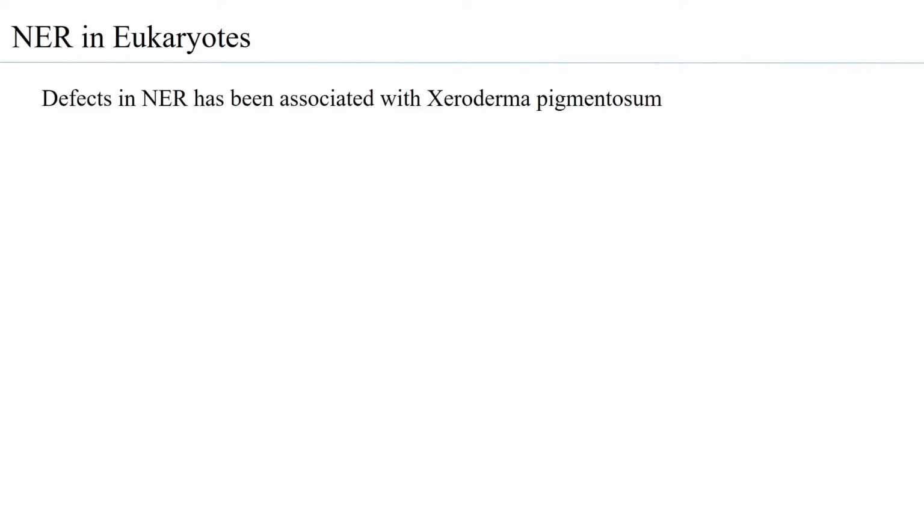So, a glimpse of NER in eukaryotes. There are many reports that have suggested that defects in NER have been associated with a disease called xeroderma pigmentosum, a genetic disorder wherein the NER components are either mutated or less functional.